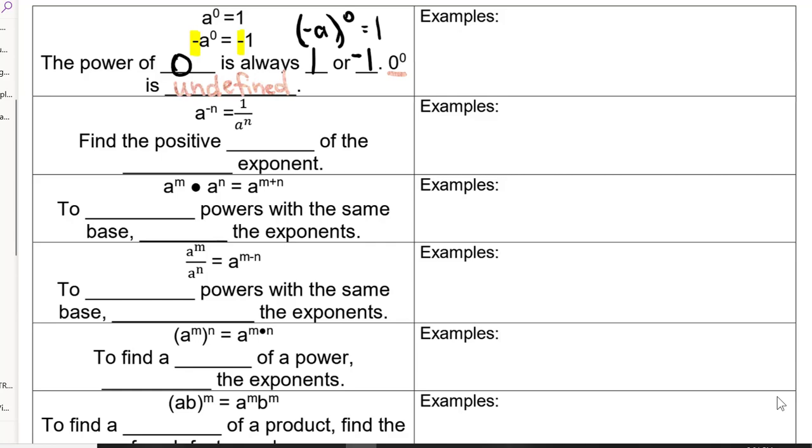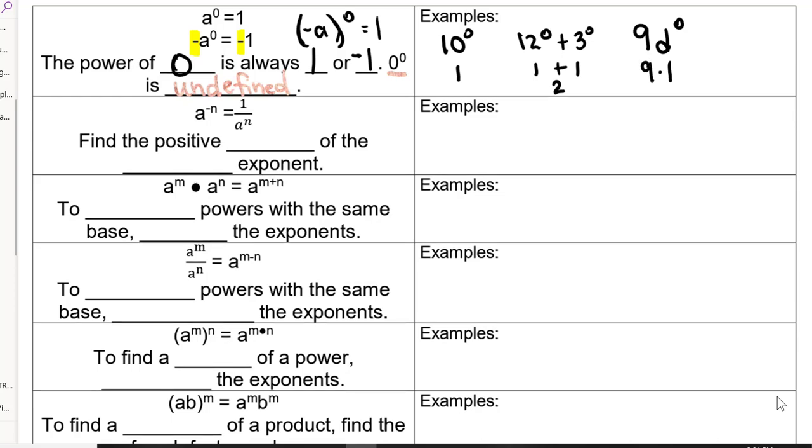Okay, so examples here. 10 to the 0 power, 1. 12 to the 0 power plus 3 to the 0 power. This is 1, this is 1, this is 2. 9 times d to the 0 power.